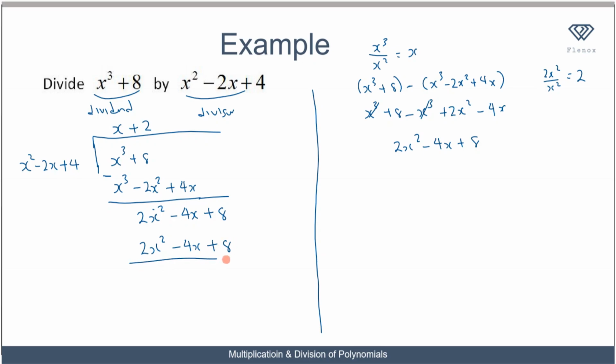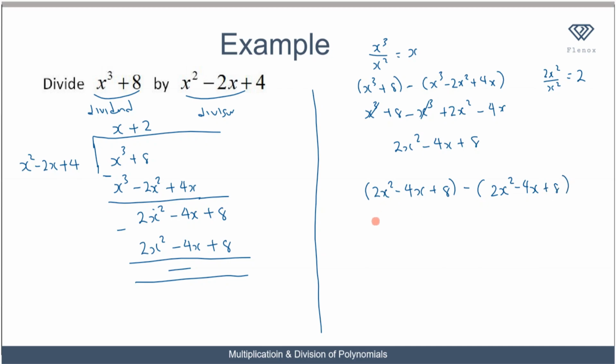So when I subtract all of that, I have the same thing: 2x squared minus 4x plus 8 minus 2x squared minus 4x plus 8, and I know that will equal 0. To show that again, remember that we have 2x squared minus 4x plus 8, then minus 2x squared minus 4x plus 8.